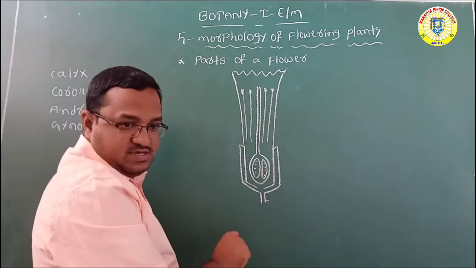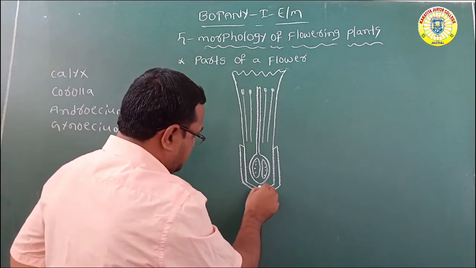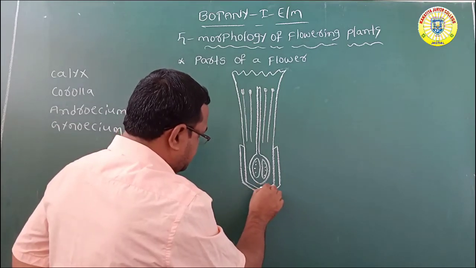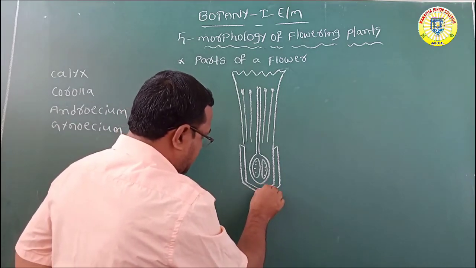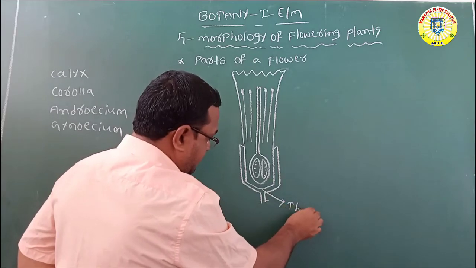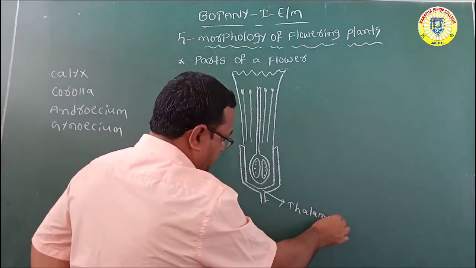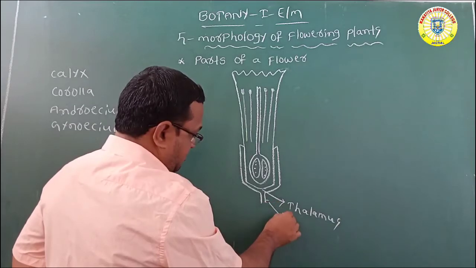Here you can see, this is the thalamus. This is the thalamus. This is the bract.